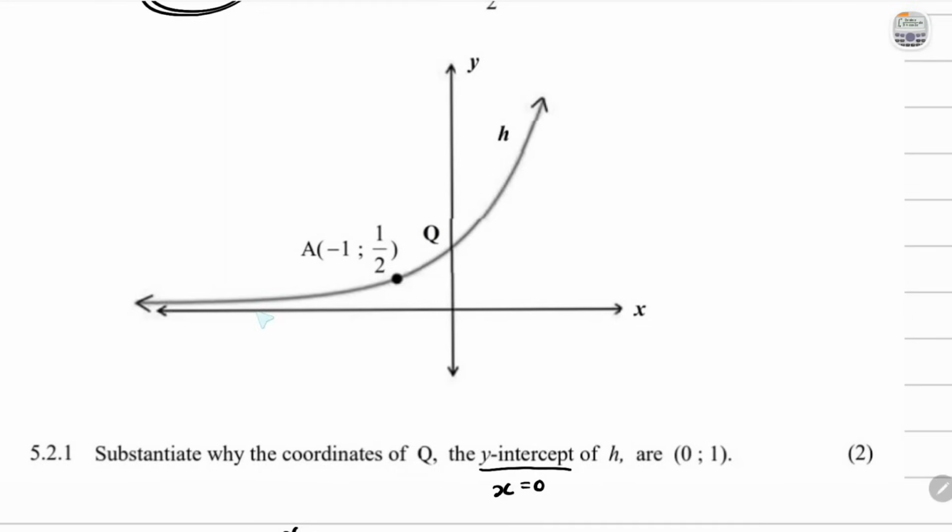Looking at the original function, it is an increasing exponential function. Notice how it shoots up towards the positive part of the y-axis. Well, the inverse is going to do the same thing, but it's going to do this on the positive part of the x-axis.